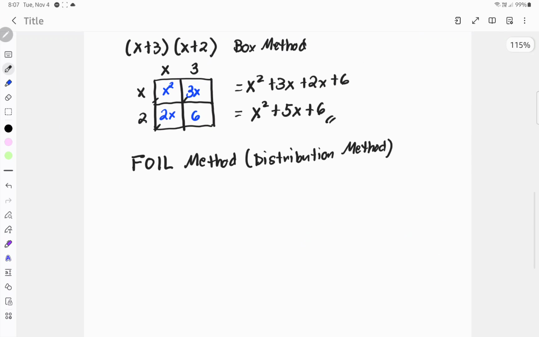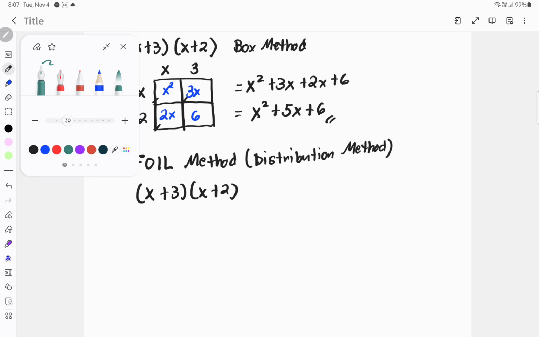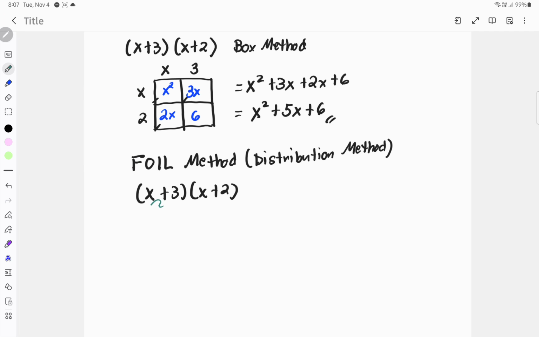Now, let's go back to our given, x plus 3 multiplied by x plus 2. So these are the points of what you're going to multiply, so it looks like you are distributing it as well. However, the mnemonic goes like this. This is what we call the first term to first term, that's why it is F.